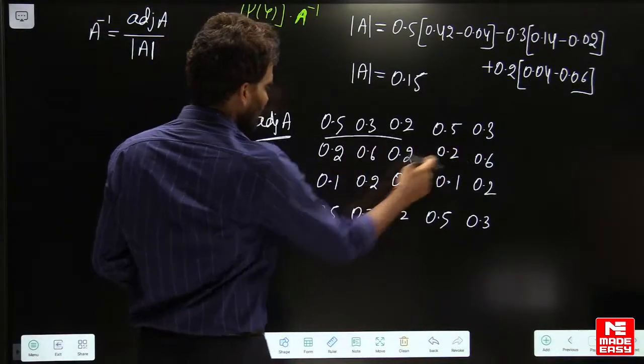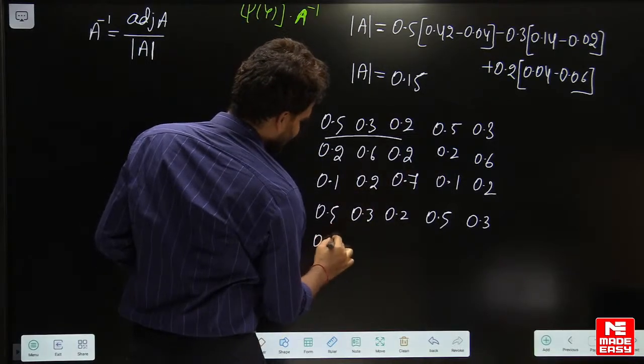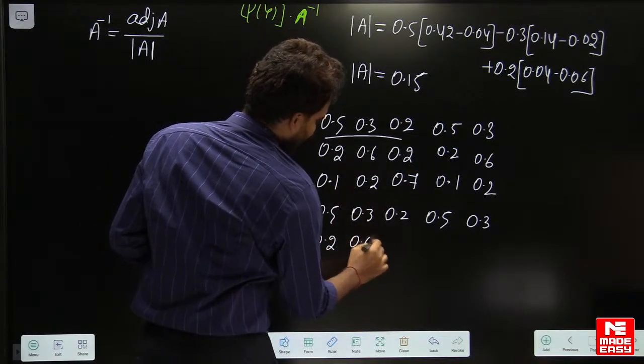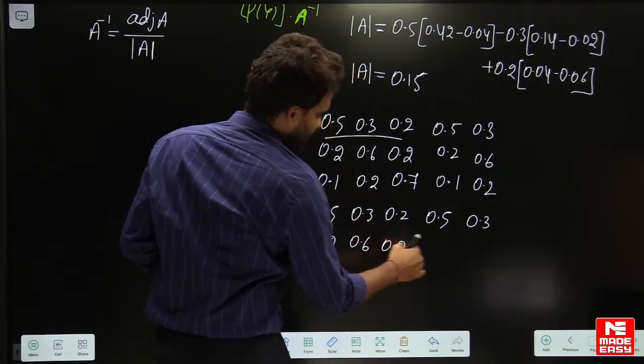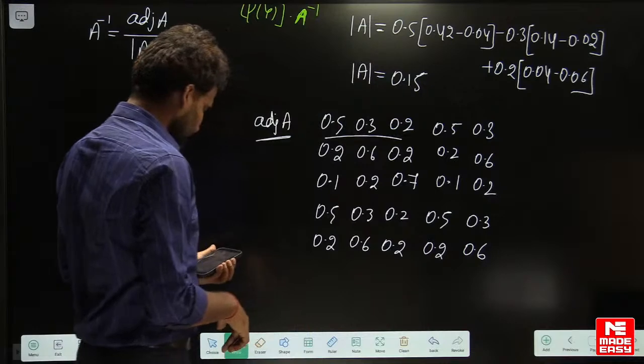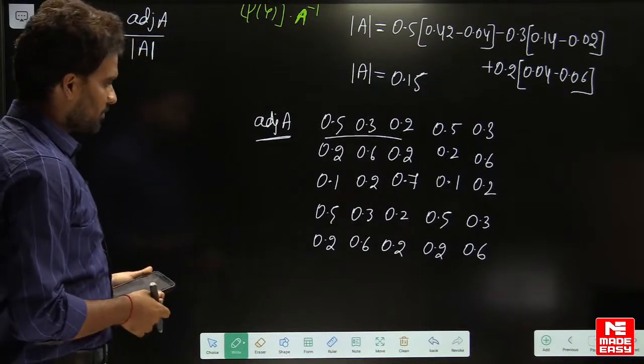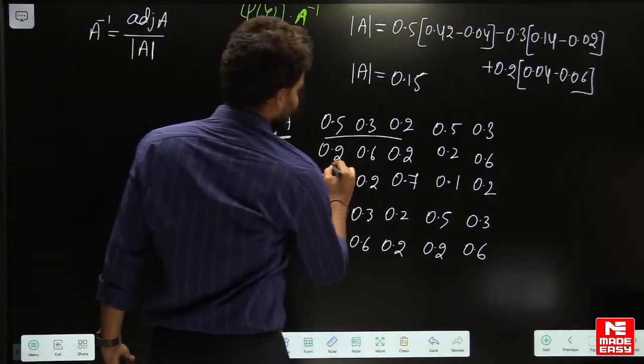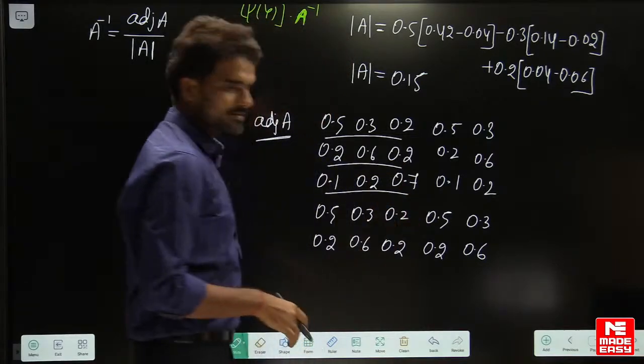The first row do the repetition, the second row also: 0.2, 0.6, 0.2, 0.2 and 0.6. Just map the A elements like this.